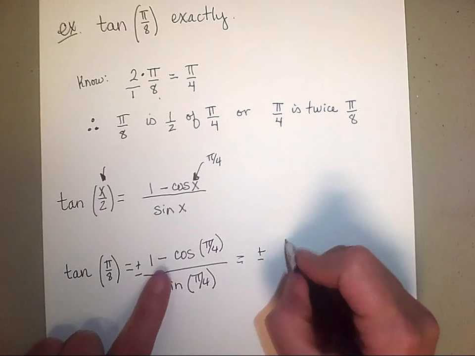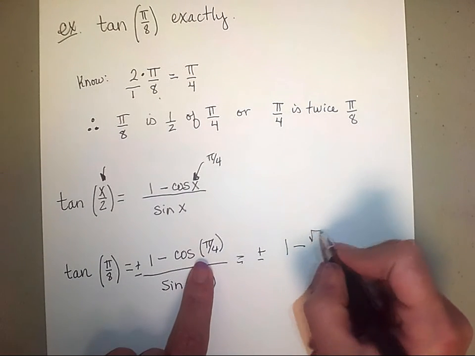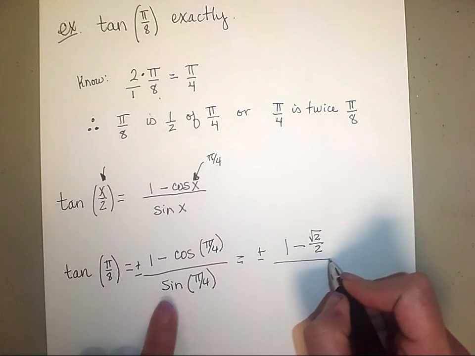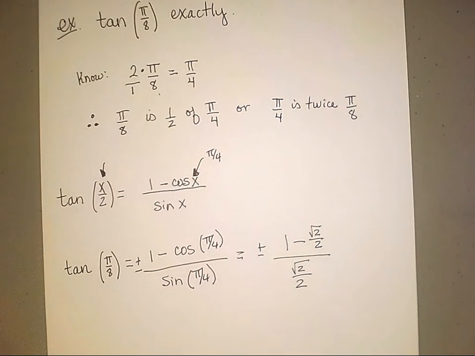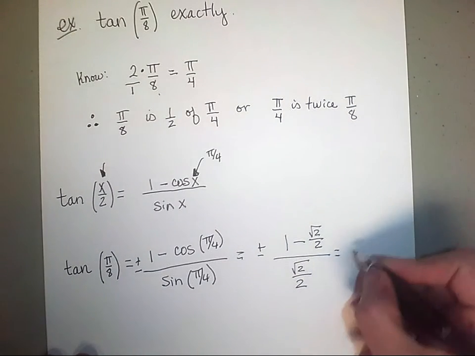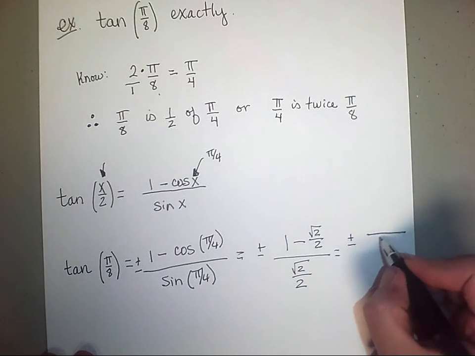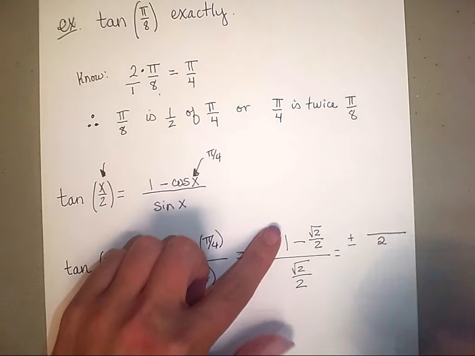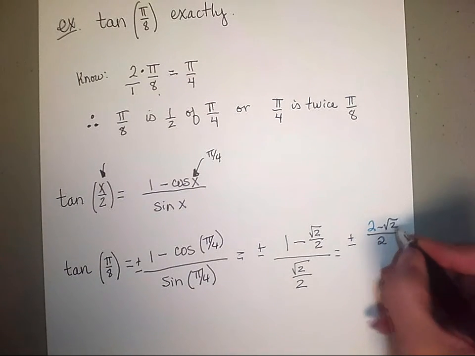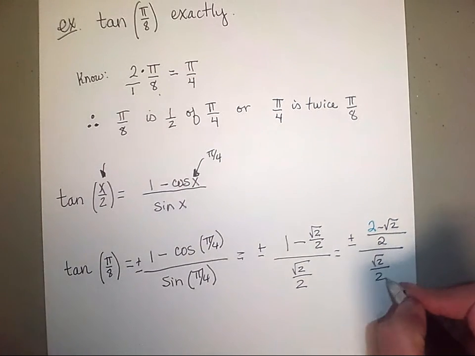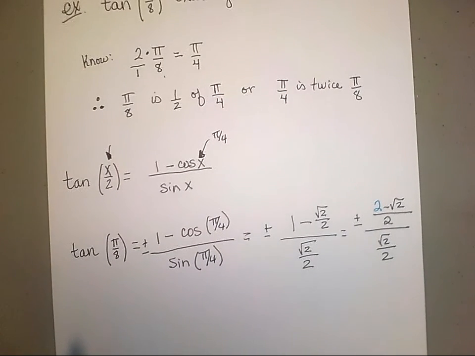Now plus or minus 1 minus the cosine of pi over 4, square root of 2 over 2, and we divide that by the sine of pi over 4, which is square root of 2 over 2. Now let's get a common denominator up top. We'd like that to just be 2, and well, 1 is 2 over 2. So it's 2 minus root 2 divided by root 2 over 2.